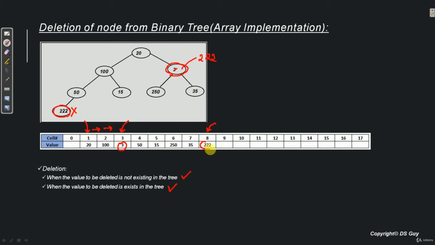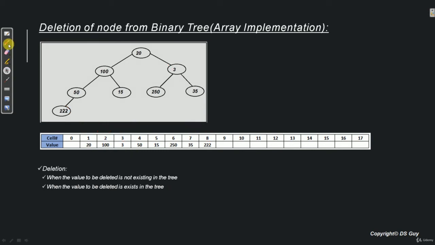So 222 is the deepest cell. Now we replace this value 222 from here and we change it to 222. Now all that we have to do is update our last used index and make it 7 instead of 8. So that will make sure that 8 is automatically deleted and 3 has the new value which is 222. So that's all we have to do to delete a node from binary tree.